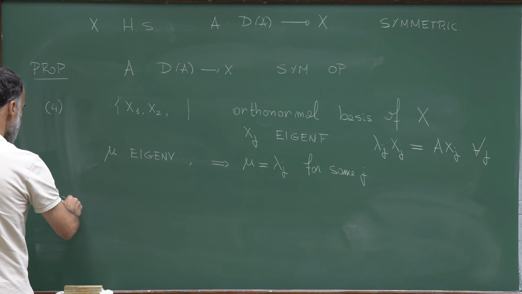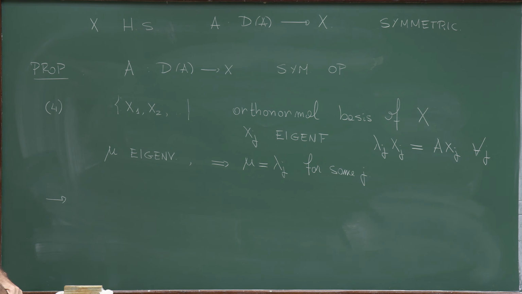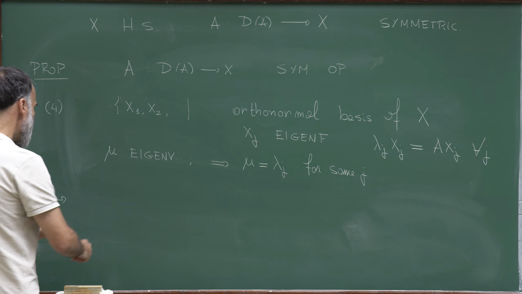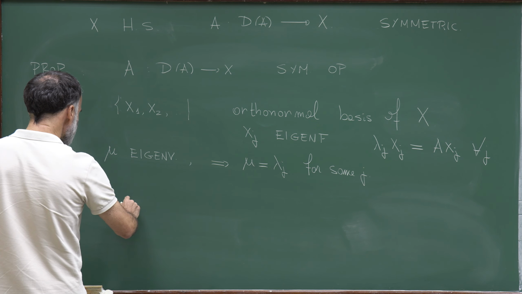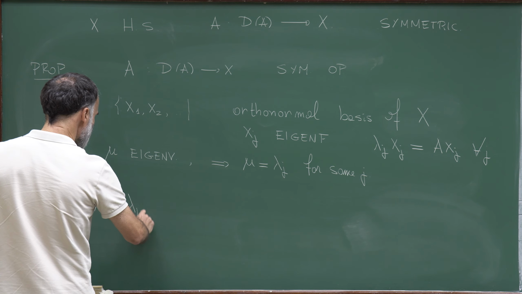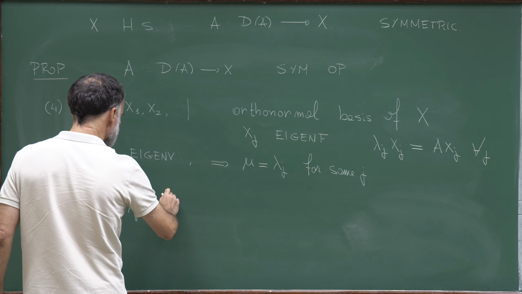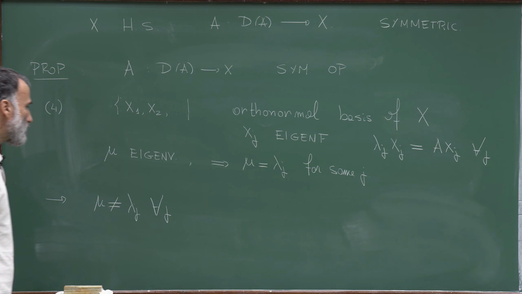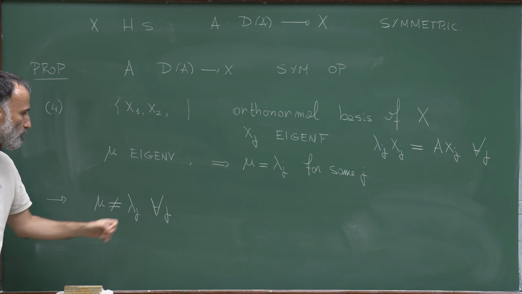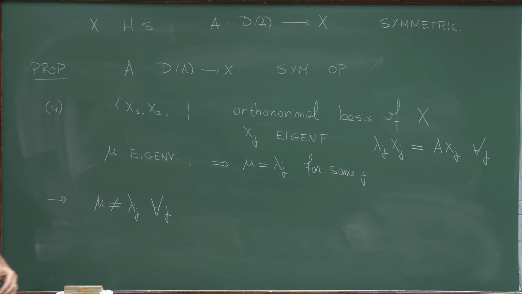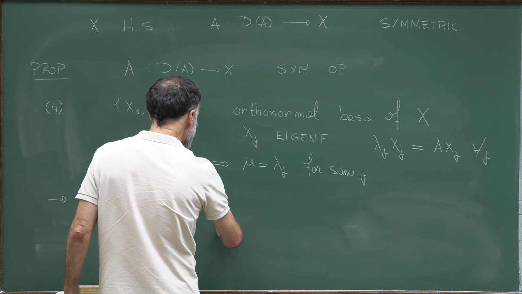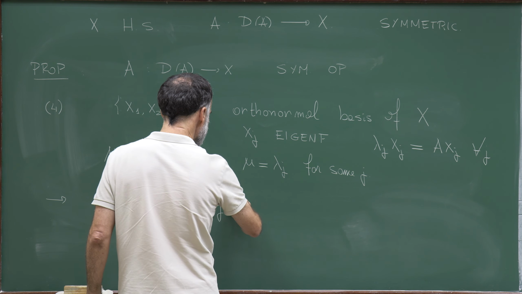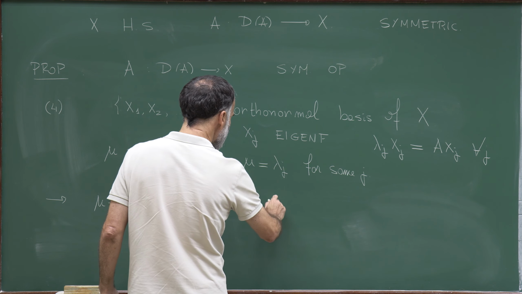And again, the proof is very simple. Assume that mu is different from lambda j for all j. So I'll get a contradiction out of this. So I'm assuming that mu is different from all lambda j's. And let me call y the eigenfunction associated to the eigenvalue mu.